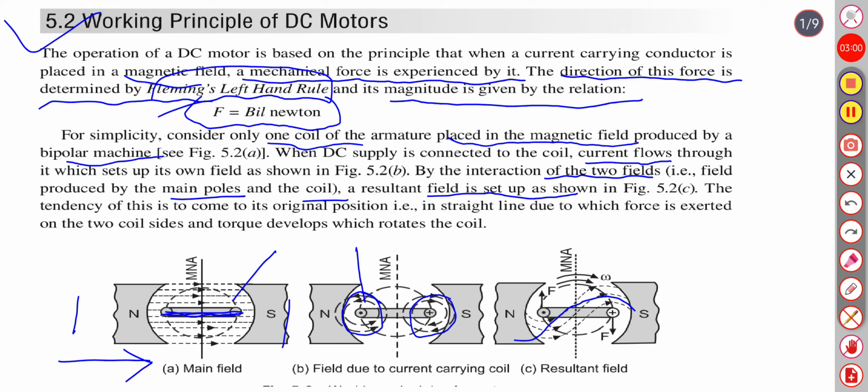The tendency of this is to come to its original position, meaning this field will try to align in this direction, that is, in a straight line, due to which a force is exerted on the two coil sides and torque develops, which rotates the coil. So this is the working principle of DC motor.